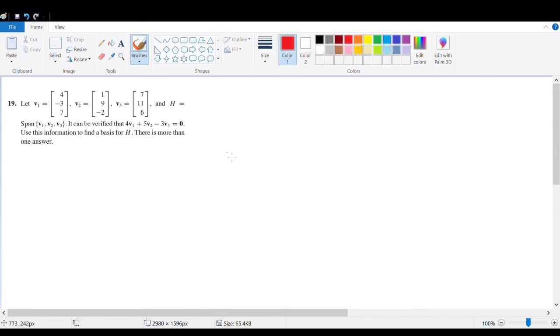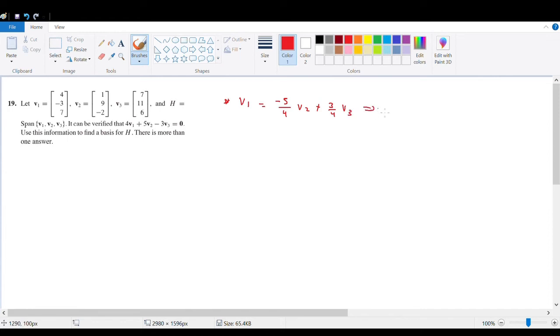So we have this relation. First, if we write v1 in the form of v2 and v3, this will give us minus 5 over 4 v2 plus 3 over 4 v3.